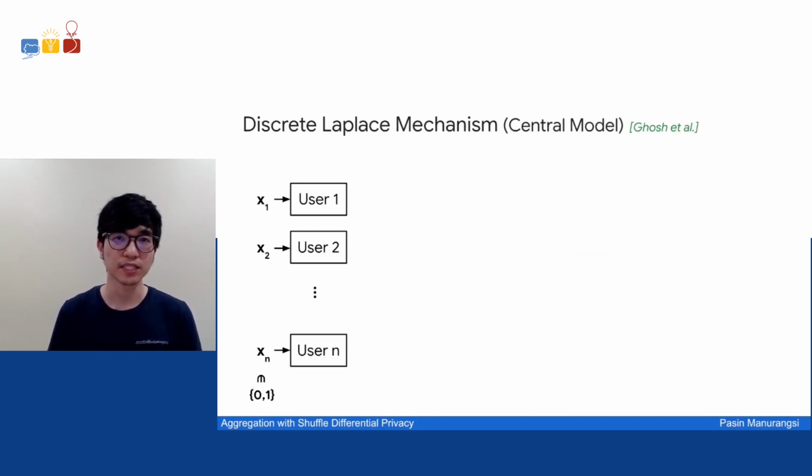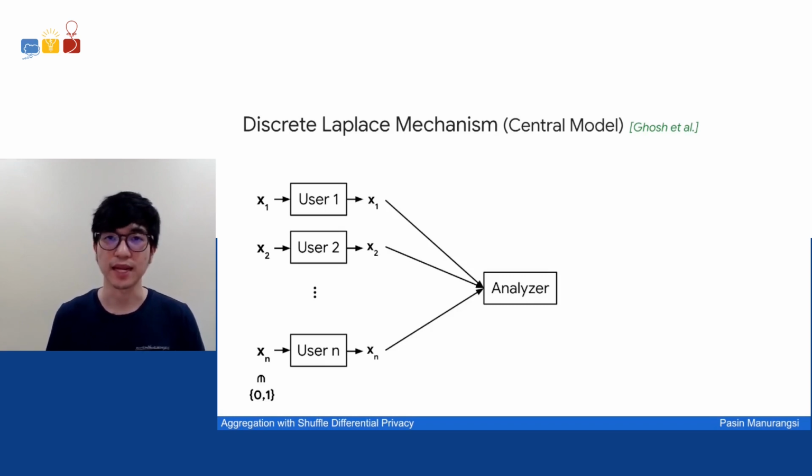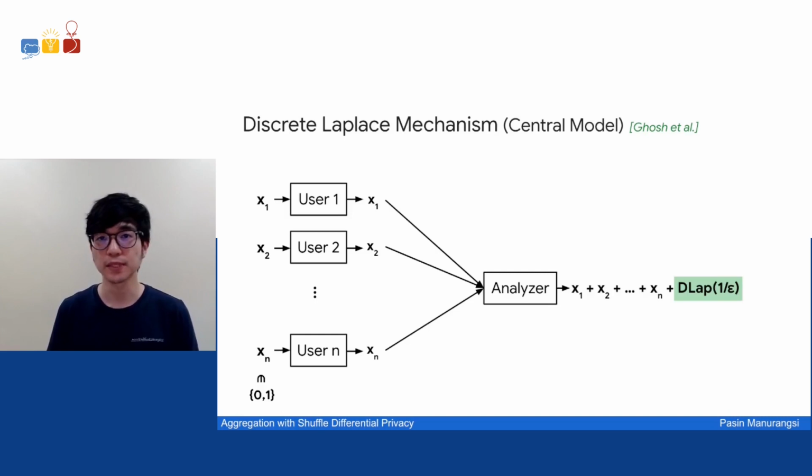This algorithm is the so-called discrete Laplace mechanism, and it works as follows. Each user just sends their input to the analyzer, and the analyzer computes the true sum of xi, but it doesn't output that directly. It outputs that true sum plus some noise drawn from a distribution called the discrete Laplace distribution with parameter 1 over epsilon.